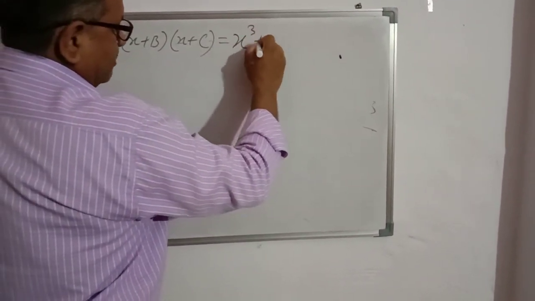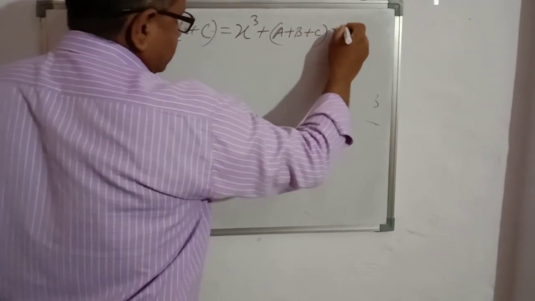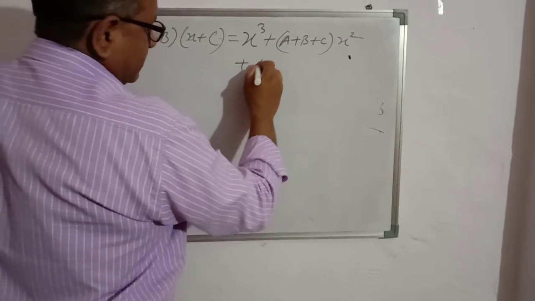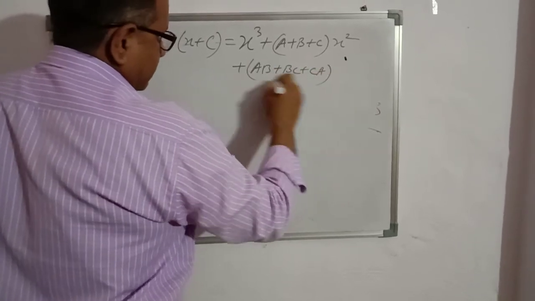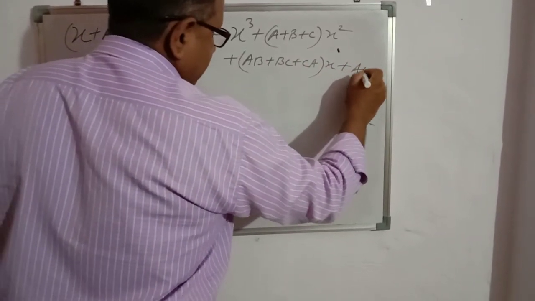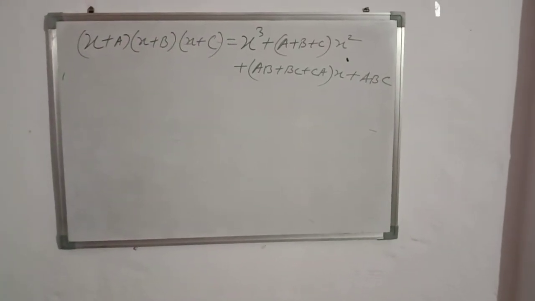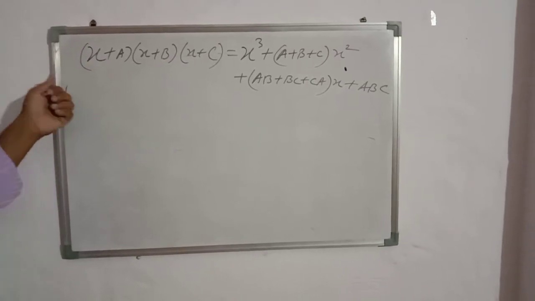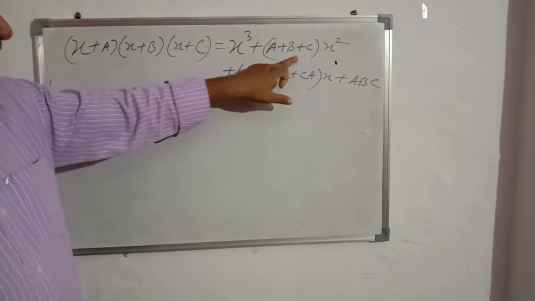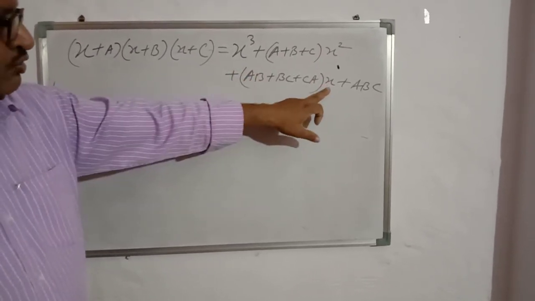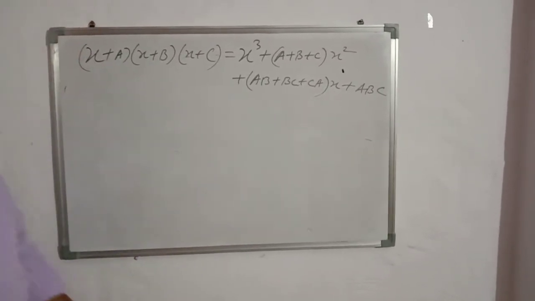We write x cube plus (a plus b plus c) x square plus (ab plus bc plus ca) x plus a into b into c. We see that in this expansion, what is the coefficient of x square? a plus b plus c. What is the coefficient of x? ab plus bc plus ca. And a into b into c is the constant term.